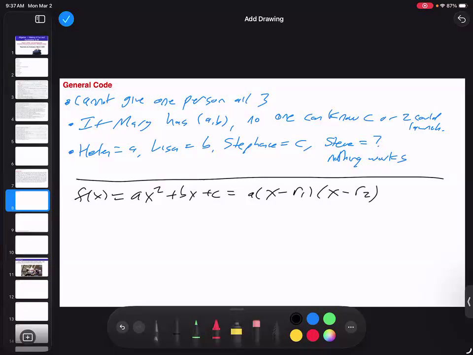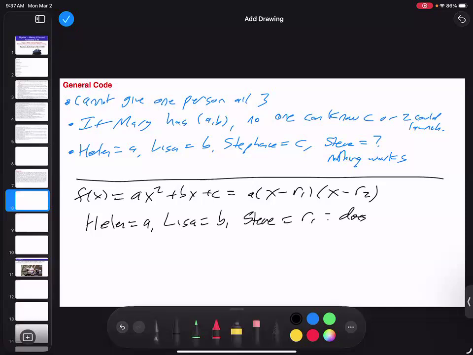Or can C be changed? So let's say Helen gets A, Lisa gets B, Steve gets R1. Does this give C?